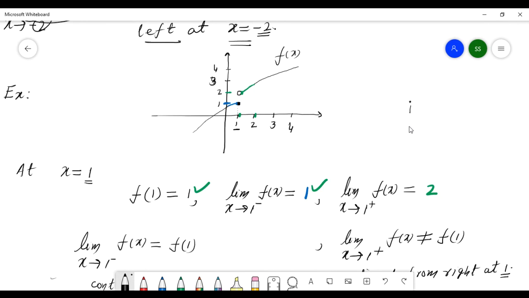So look at the graph here. If the number is close to here from the left, the number exists, and where is the graph going? Here in the output. If the number here exists, then look at the graph from the right. For the right limit, if x exists on the right, then the graph exists here. Coming from the right here.